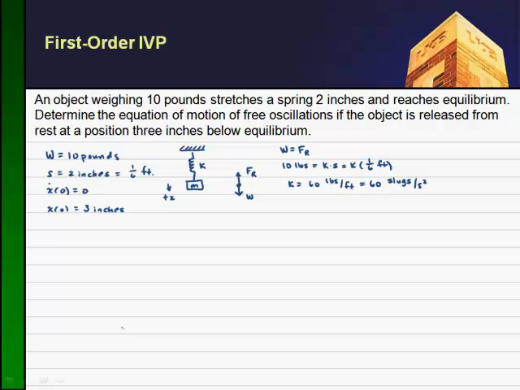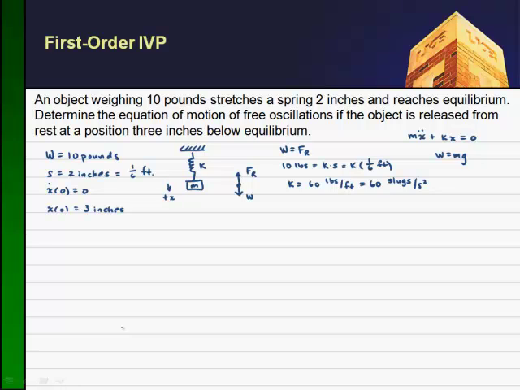So let's recall that we're going to have to put all this into our ODE: m x double dot plus k x equals 0, for this mass oscillating on a spring after we give it some initial displacement. That's why I immediately found k. And for the mass, we're given the weight, and the mass is related to the weight by W equals m times g.